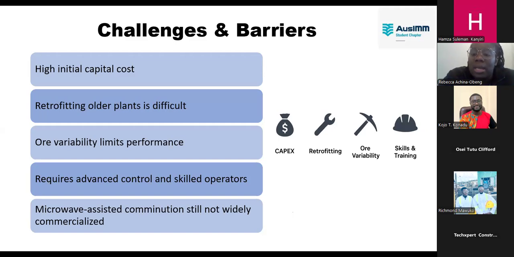Changes in ore hardness, mineralogy, or particle size distribution reduce the performance, sorry, of these equipment, even though they have really high energy saving ability. So it is imperative that we have advanced process control systems in place to take care of all variability.